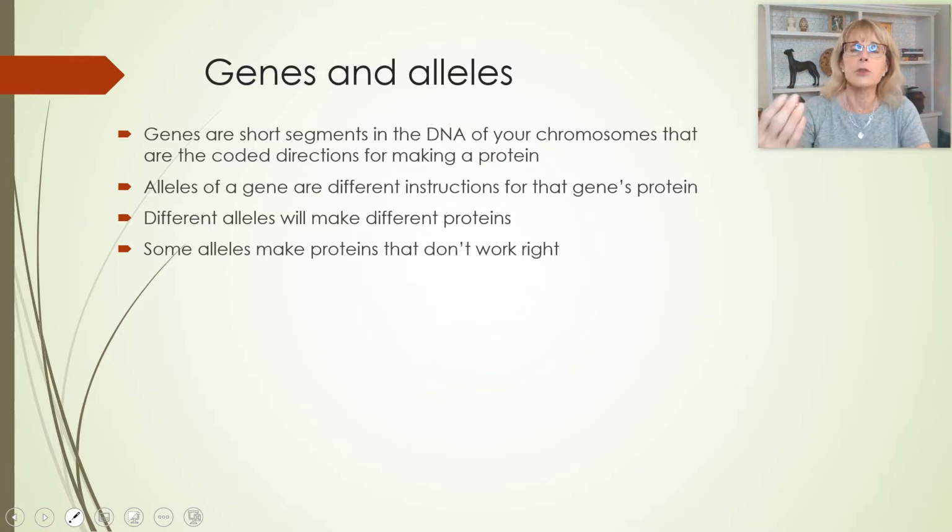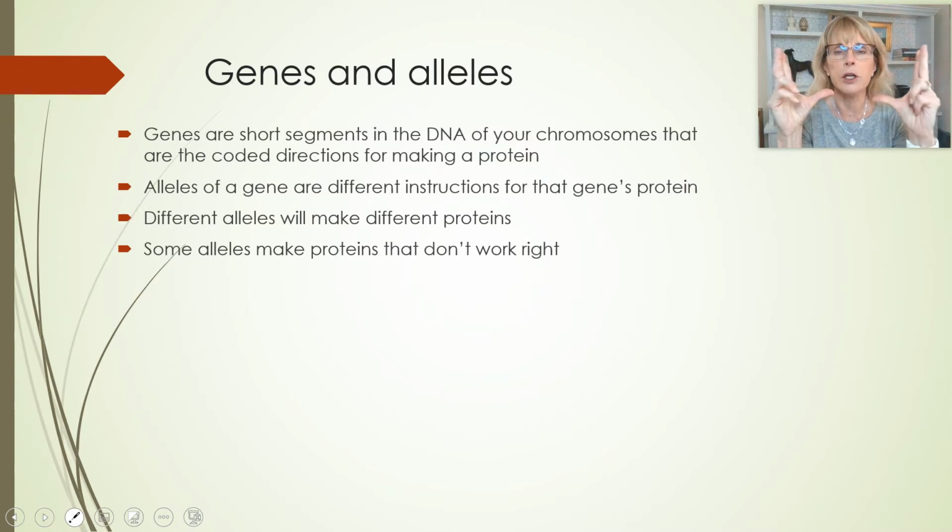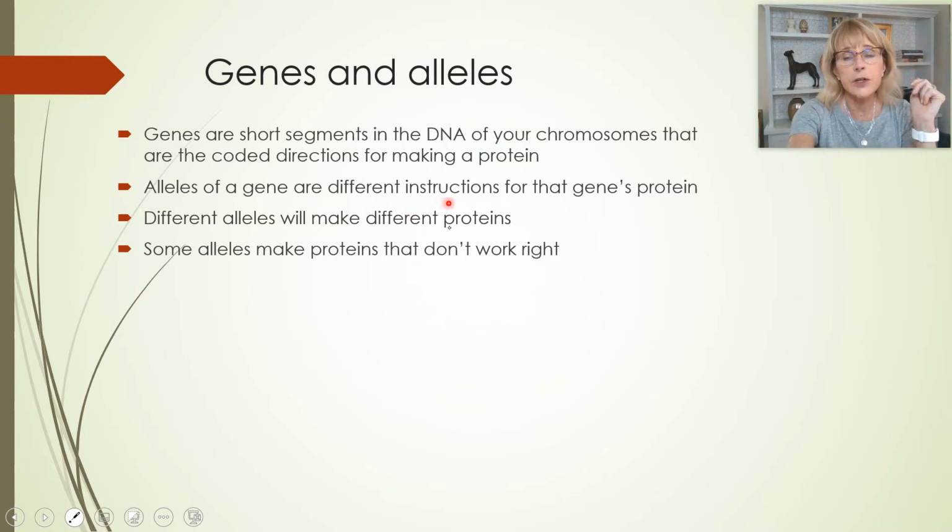Now, all of us have genes for a protein that makes eye pigment or a protein that makes skin pigment, but not all of us have the same version of that gene. When there are instructions for making a protein, but the instructions are slightly different, so the protein ends up being slightly different, that is called an allele.